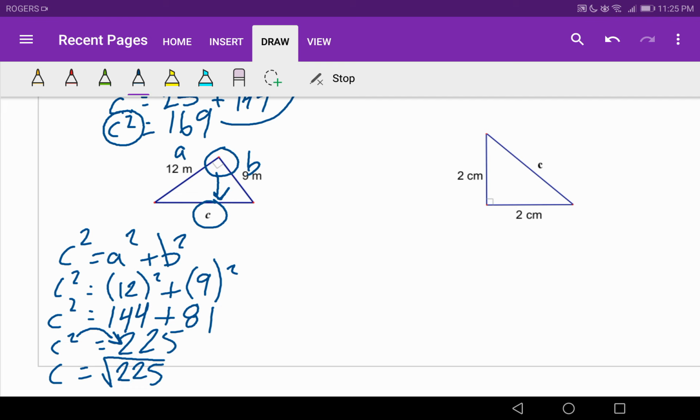It makes no sense that your answer would be 225 here. How could your side length be that large? It just can't. So at that point, remind yourself, that's right, you need to take the square root. And so my final answer then is C equals 15 meters.